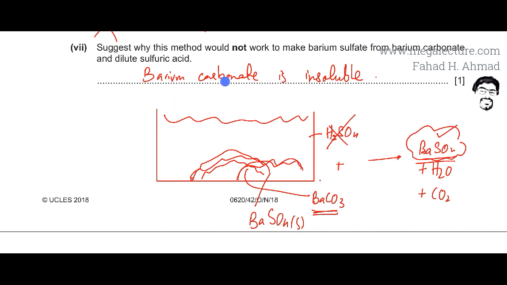So the proper answer to this question should be that the problem is with barium sulfate: the salt produced is insoluble. You should mention barium sulfate is insoluble, which is why this reaction would stop immediately as it starts, because the solid barium carbonate that you're adding would not be able to react, as it gets a coating of barium sulfate immediately.